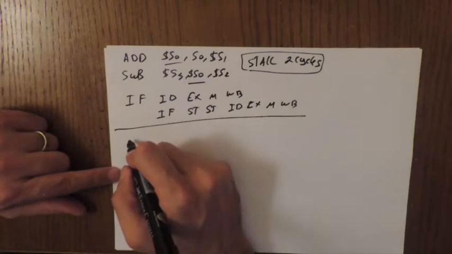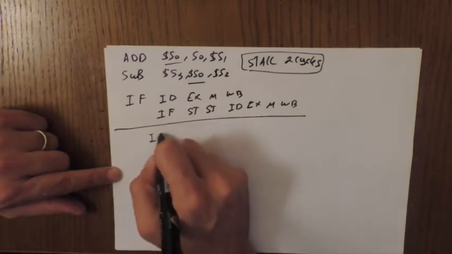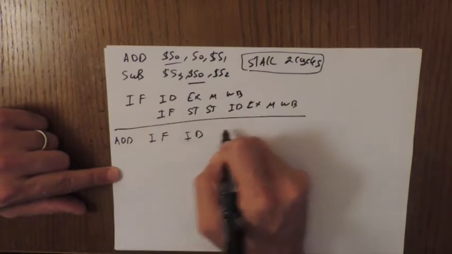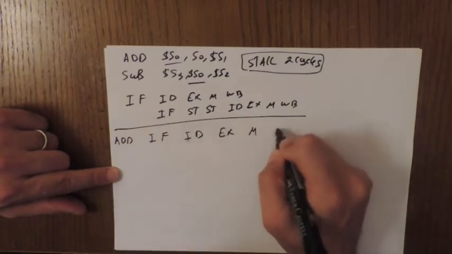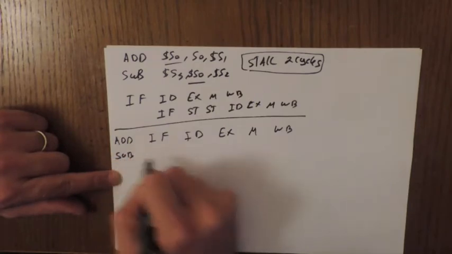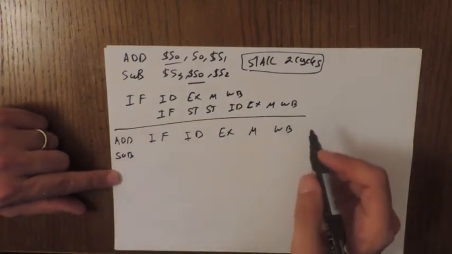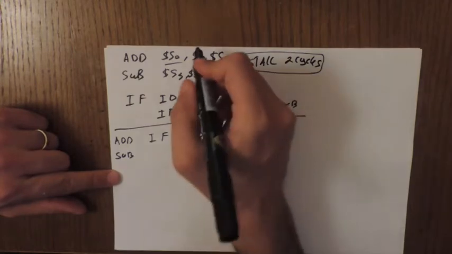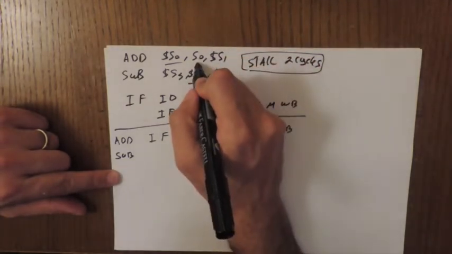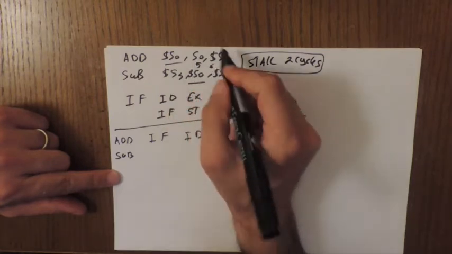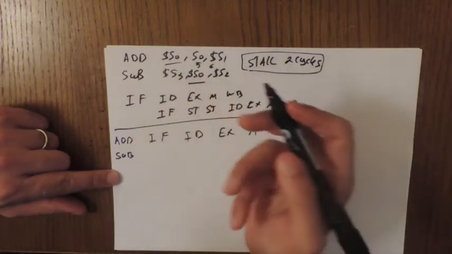So what did they think about? They said, okay, if I have, this is the add, IF, ID, EX, memory, and write back. And this is the sub. So when in the decode stage we have, let's give some values. So this is 5 and this is 6. Now this is 11.